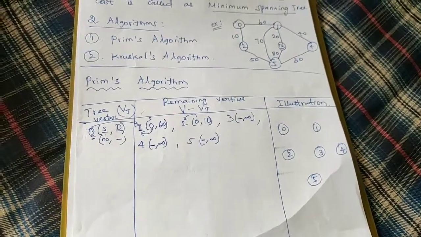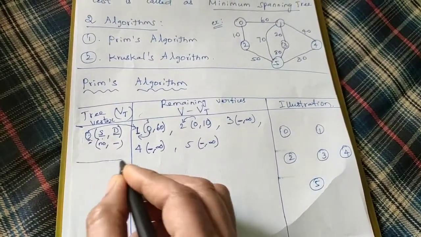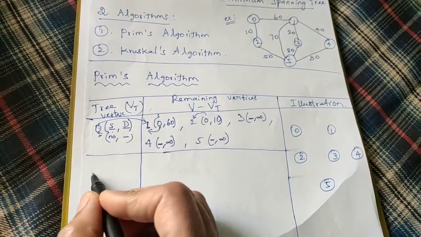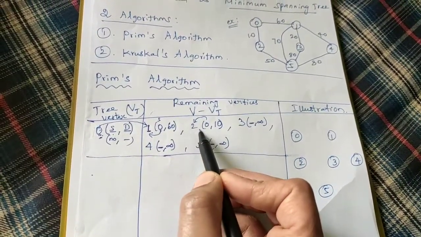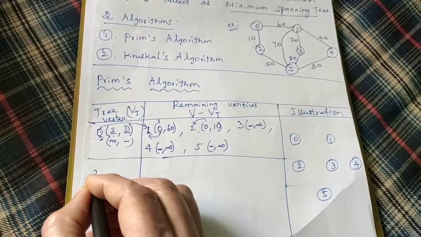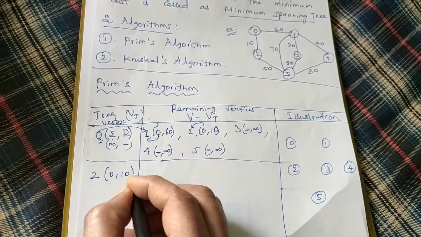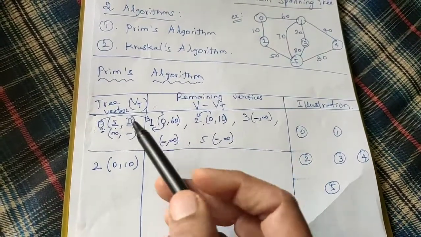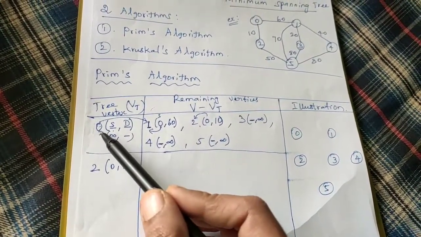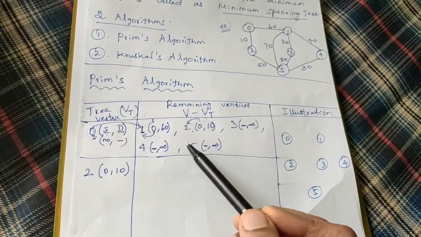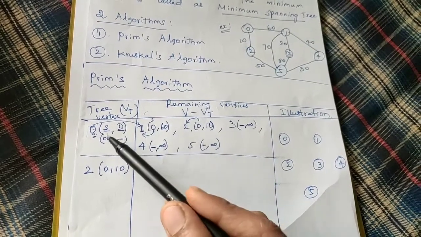So from this, I am going to consider the next tree vertex to be the vertex with the minimum value. So I am taking 2, 0, 10. First I started with 0. I found the distance of all the vertices present in the remaining column from 0.